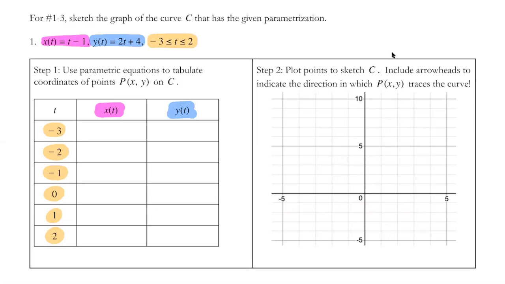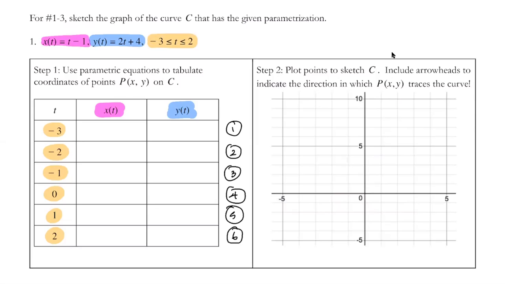Now, what that means is that when I'm plotting the points, the first one that I get, when I plug in -3, whatever point comes out of there, that's going to be the starting point. And then we're going to go to this point, then this point, and then this point, and then this point, and we're going to finish with the last point in the interval.